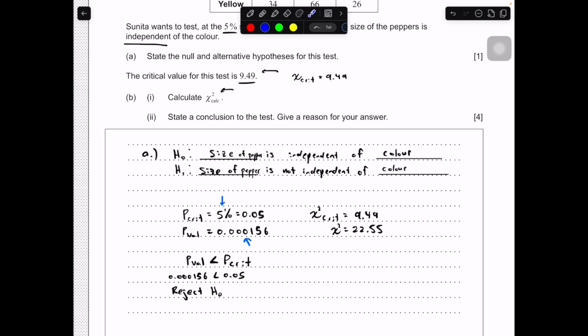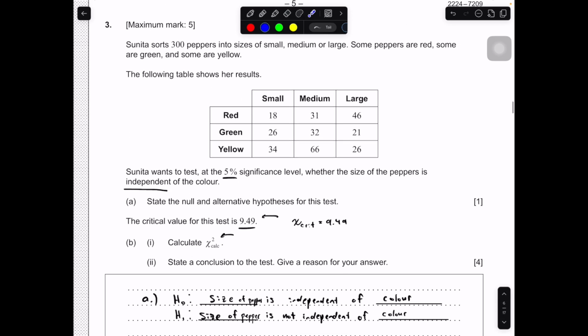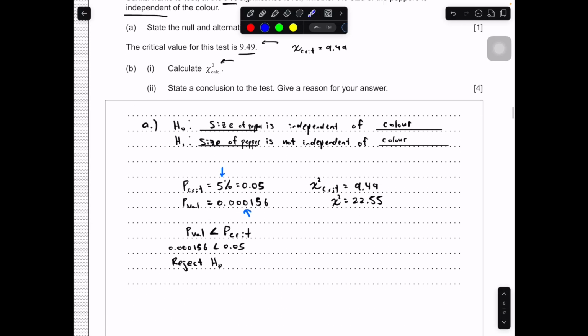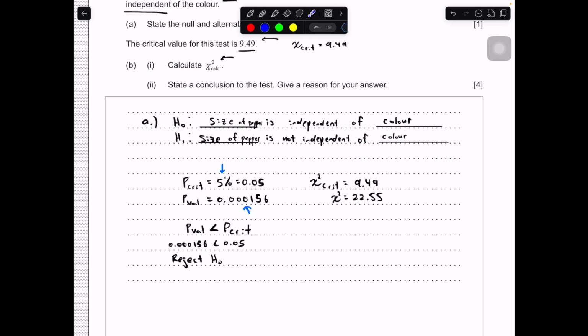So if there's a big difference between what we observe, let's say in this table, and what we would expect just based on chance alone, that is to say, if a third of the peppers are large, we would expect a third of the red peppers to also be large, just based on similar proportions alone. If there's a big difference between what we observe and what we expect, then the chi-squared value will be very, very big. And that's exactly what the chi-squared value is, the difference between what we observe and what we expect.